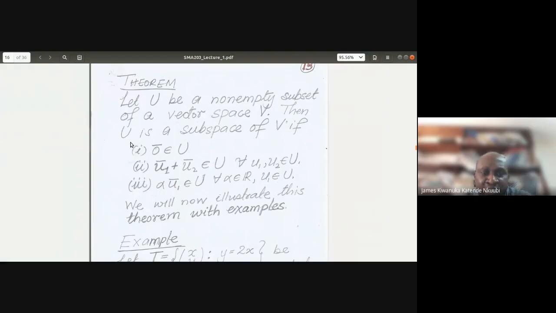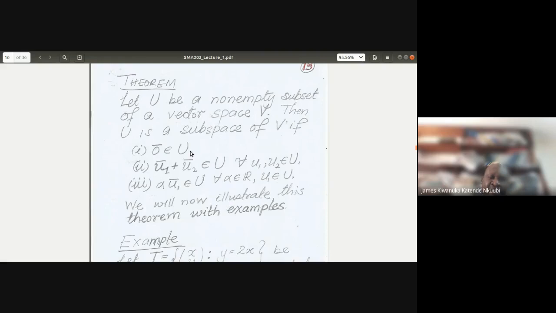So instead of checking all the properties, if you are looking at a subset of V, and you already know that V is a vector space, you can check that the subset is a subspace by confirming that only these three properties are satisfied. That is enough to show that a given subset is a subspace.